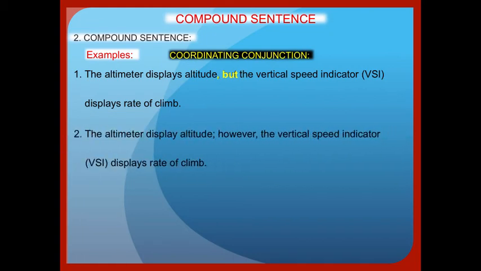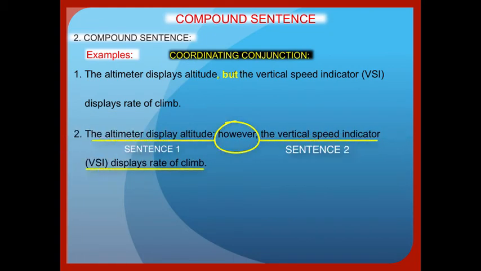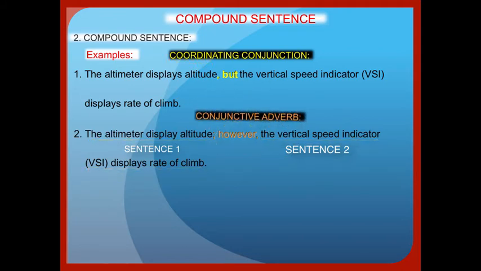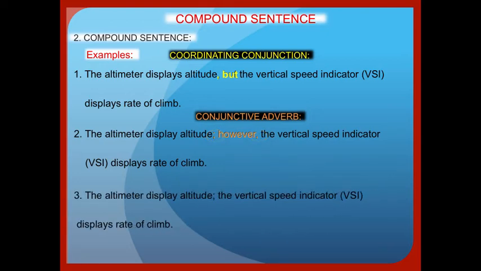The second example connects two sentences with the conjunctive adverb, however, and the sentence utilizes the correct punctuation, a semicolon before, however, and a comma after. The third example connects two sentences with a semicolon, but both sentences are closely related.